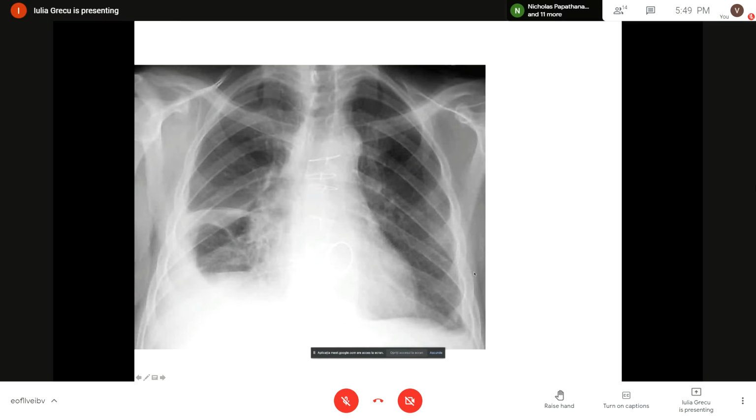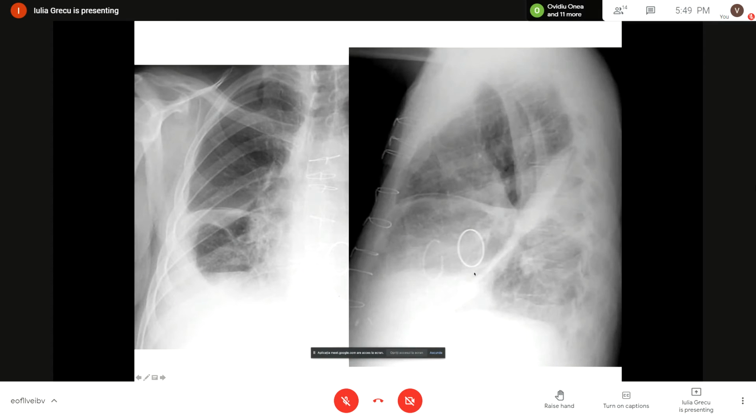Tell me, what can you say more on the lateral view? What more? So we determined that we have a small medium pleural effusion on the right side with the possible extension into the pulmonary fissures.